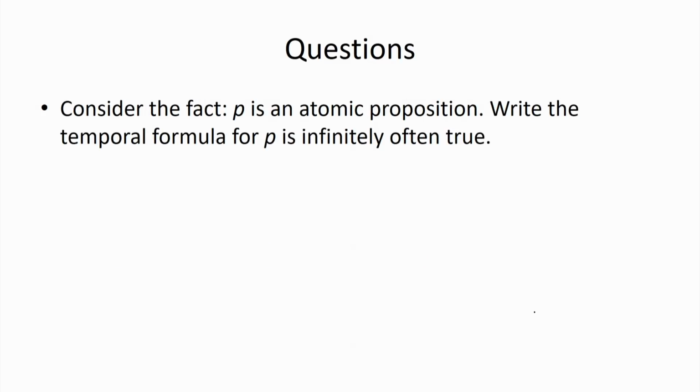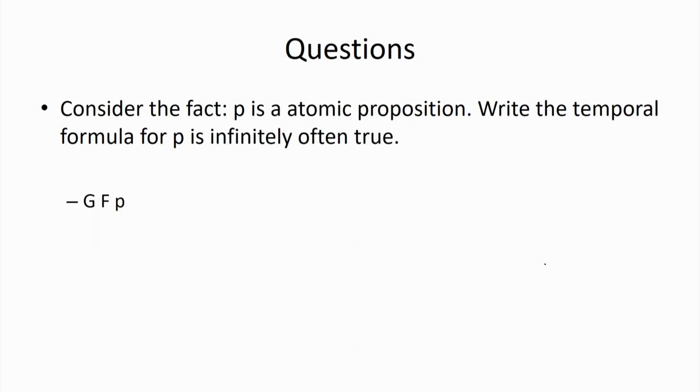Consider P is an atomic proposition; write the temporal formula for P being infinitely often true. That means wherever you go in the future, P is going to be true. How do I capture it?